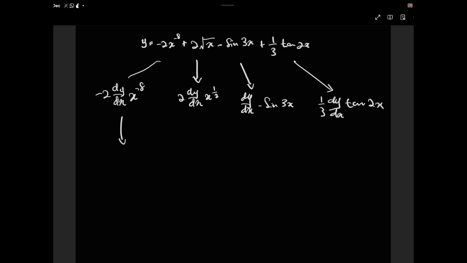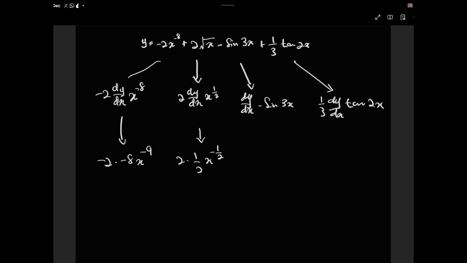So for this one, we have negative 2 times with negative 8 x to the power of negative 9. And then for this one, we have 2 times with 1 over 2 x to the power of negative 1 over 2.